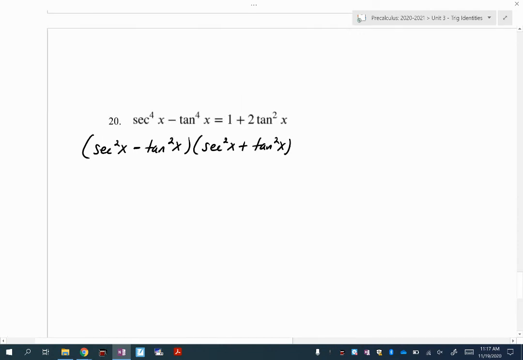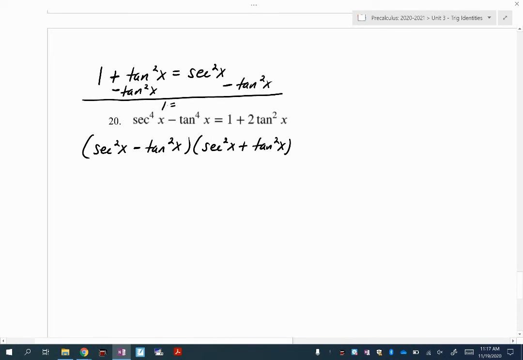Now, you probably guessed it, but I'm going to use one of my Pythagorean identities. 1 plus tangent squared x equals secant squared x. And if I move tangent squared x over to the other side with subtraction, I get 1 equals secant squared x minus tangent squared x.